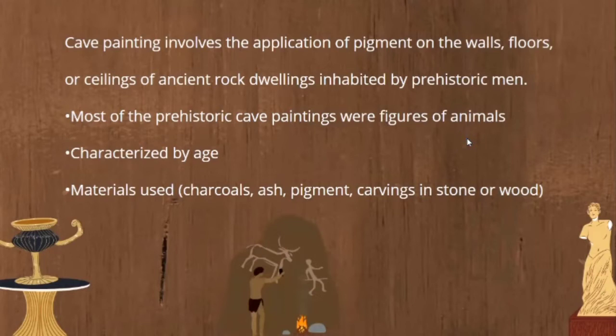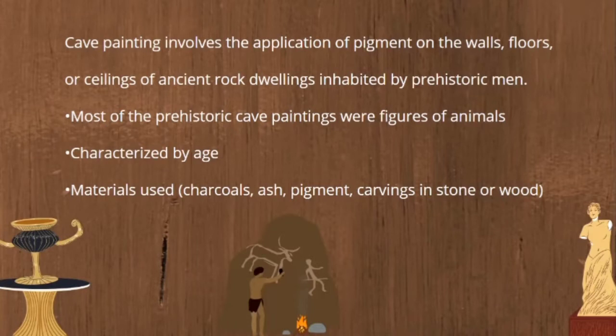Figures of animals dahil ang ating mga ninuno noon ay fan ng pangangaso. Next characteristic, cave art is characterized by age. Yes, it's the age that makes it prehistoric. And lastly, it is characterized by the material used. Ang example po ng mga materials na ginamit noon ay mga charcoals, ash, pigments, stone, or woods.